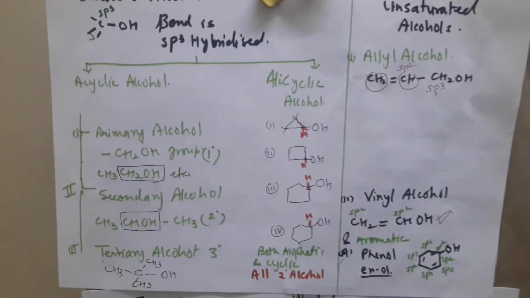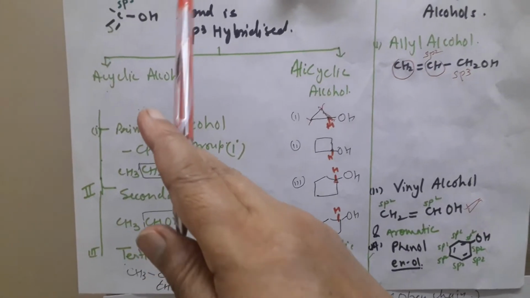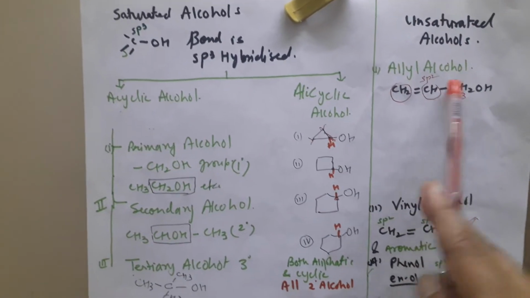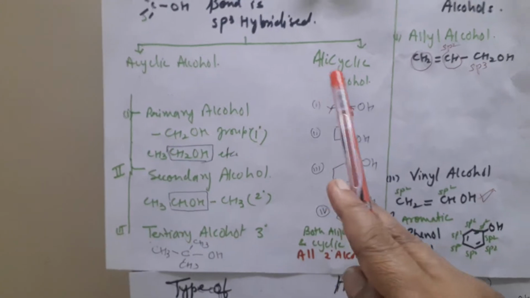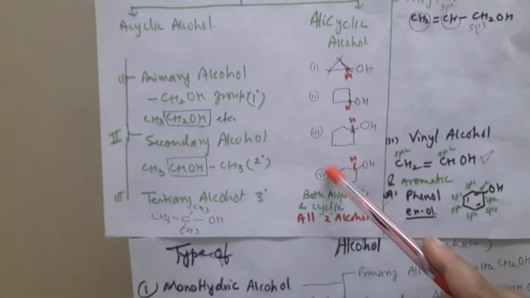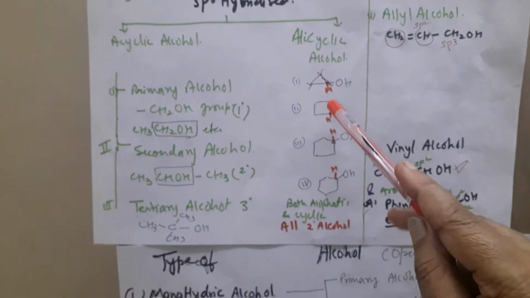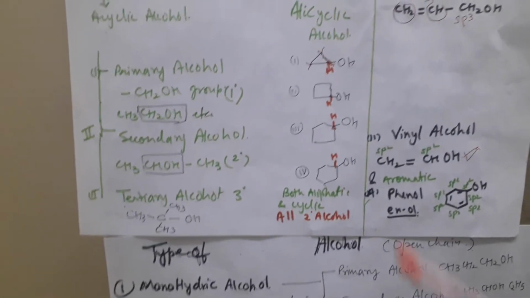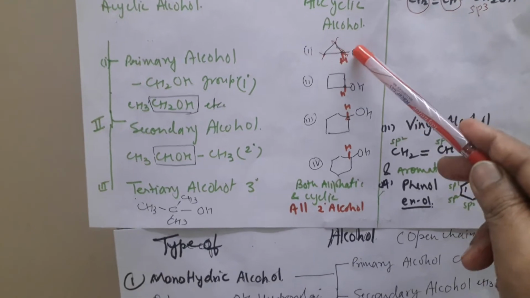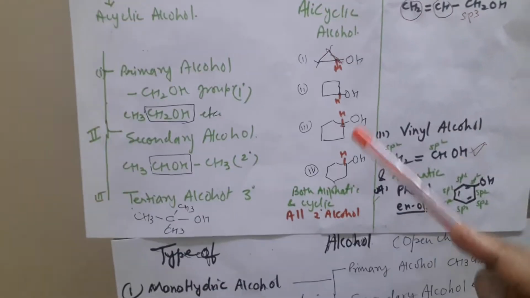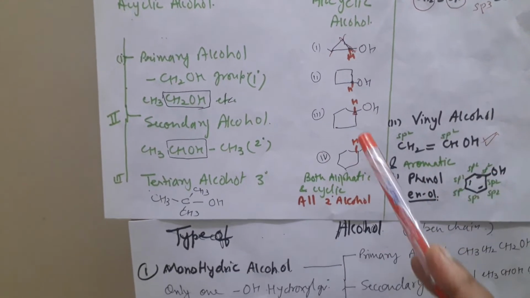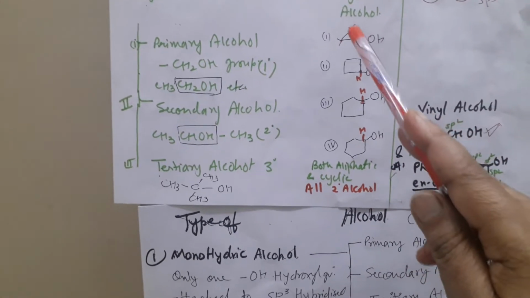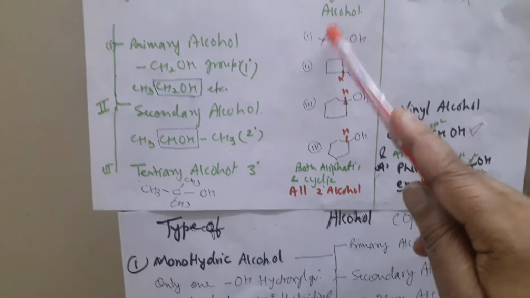Is that point clear to you? Saturated and unsaturated alcohol, we have classified into 2 categories, then again acyclic and alicyclic alcohol. Alicyclic alcohols are also called cyclic alcohols. The OH group is attached to the ring, which is sp3 hybridized; each carbon is sp3 hybridized. So how do we name it?